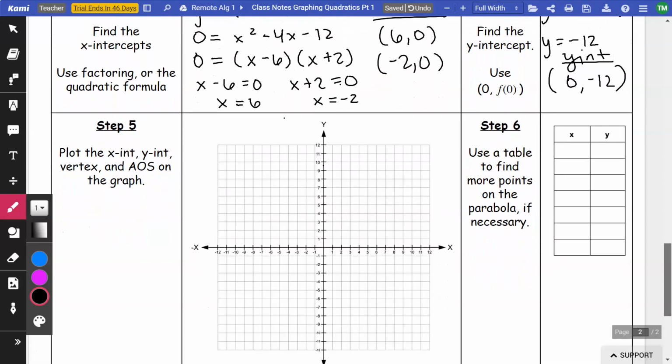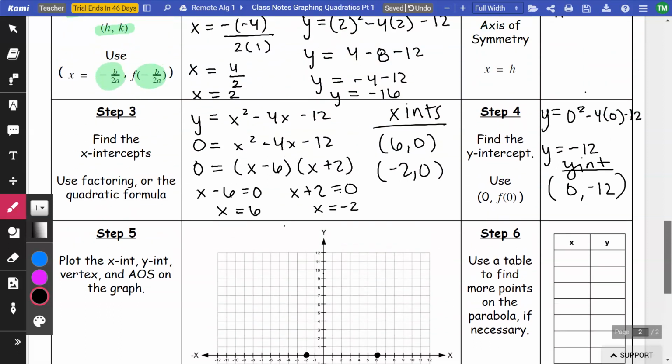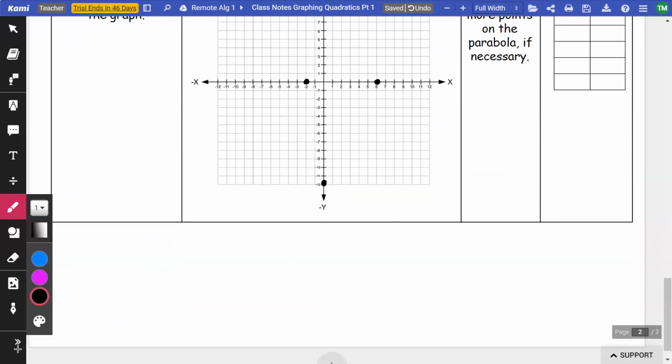So now we need to plot these points. I'm going to plot my x-intercepts first at x equals 6 and x equals negative 2. We have our y-intercept at (0, -12). And then we have a vertex at (2, -16).